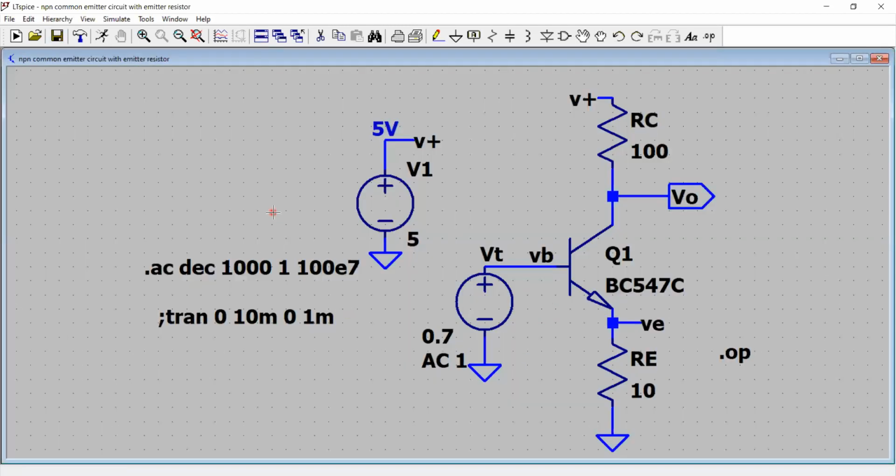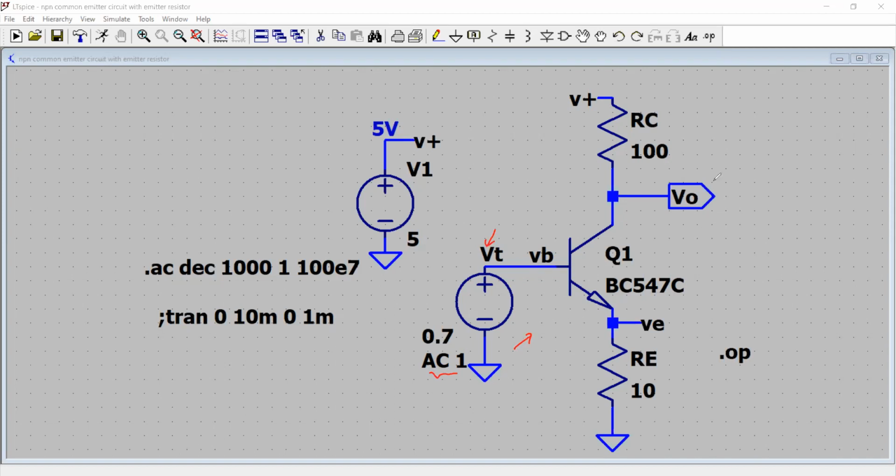Now, how to compute the output resistance? Input resistance we are done. How about output resistance? For output resistance I will keep the input side as it is. So it will not be a test voltage. It will be a normal small signal AC input.